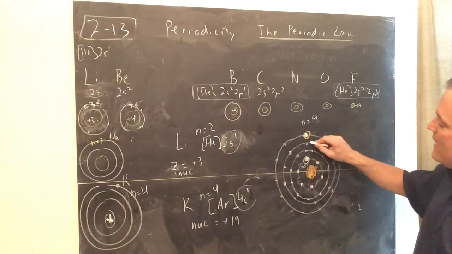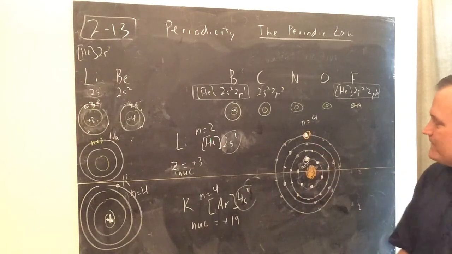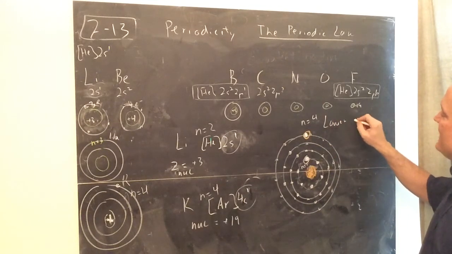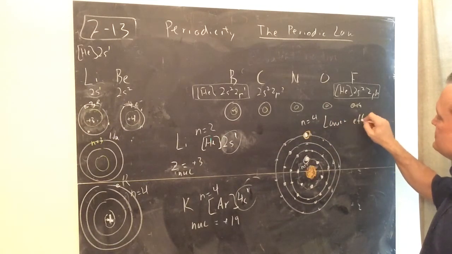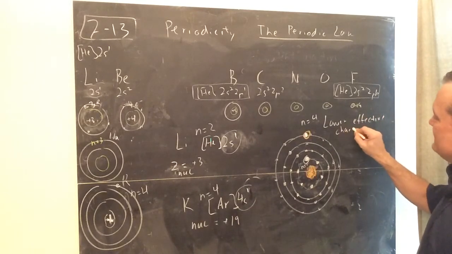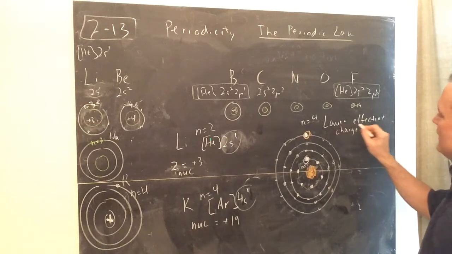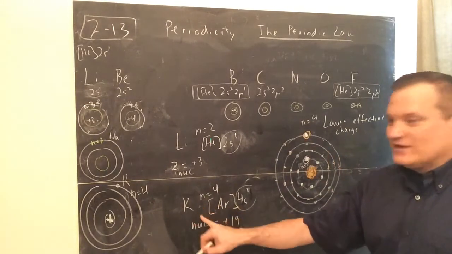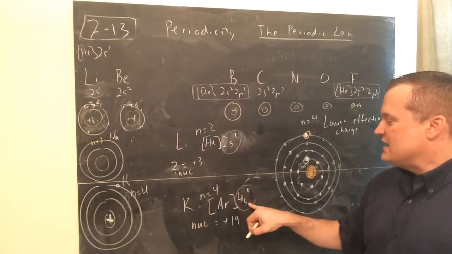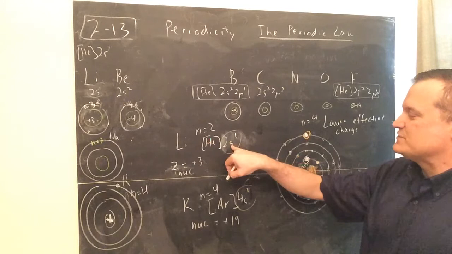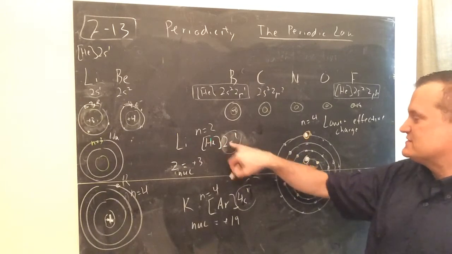Because it is being blocked by these others. So it has what's called a lower effective nuclear charge. Important word for AP students in their essays. A lower effective nuclear charge. The electron in potassium at n equals 4 is farther away from the nucleus compared to lithium, which is at n equals 2 in this case.